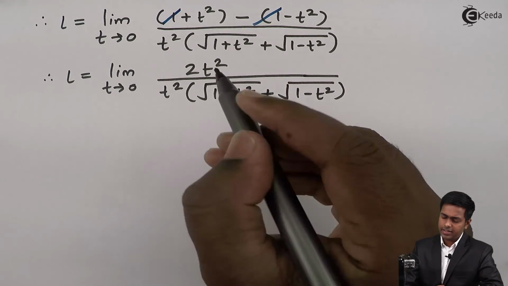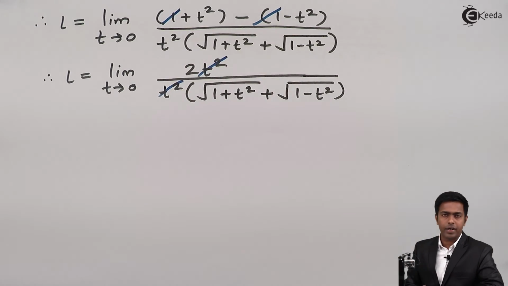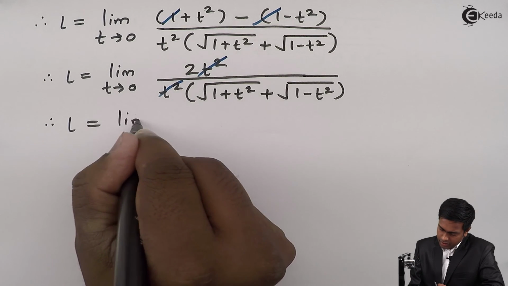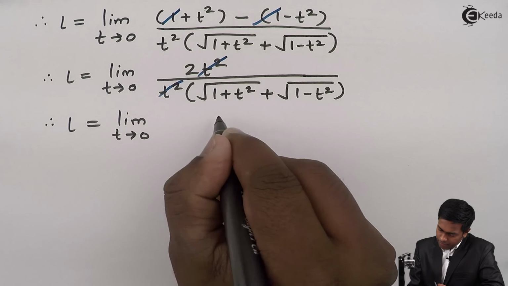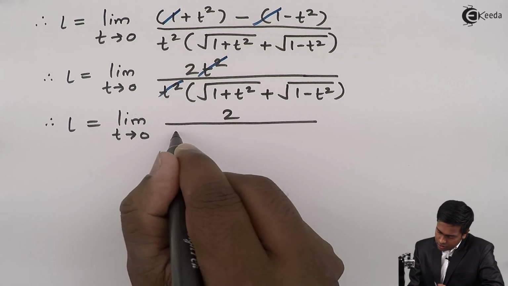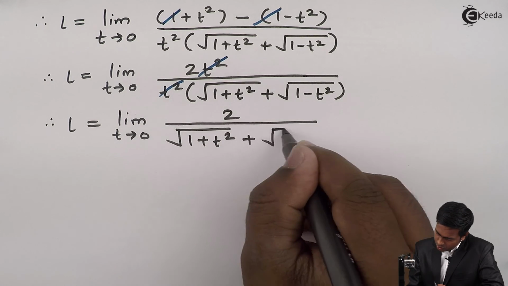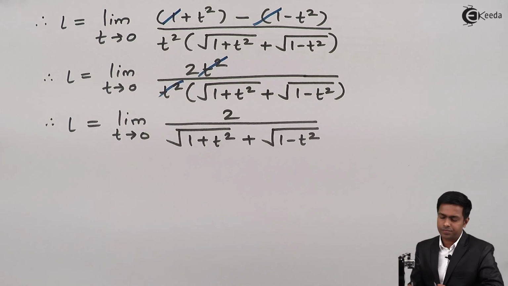Next, we can cancel t square from numerator and denominator. So we get L as limit t tends to 0, 2 upon square root of 1 plus t square plus square root of 1 minus t square.